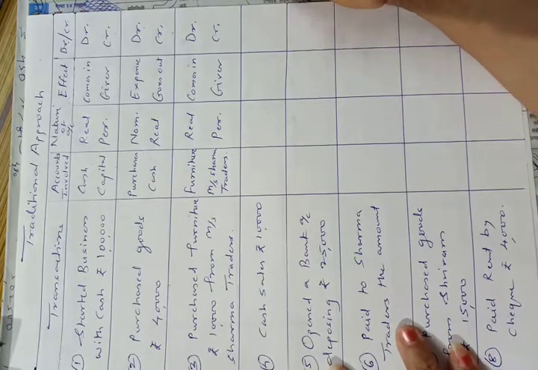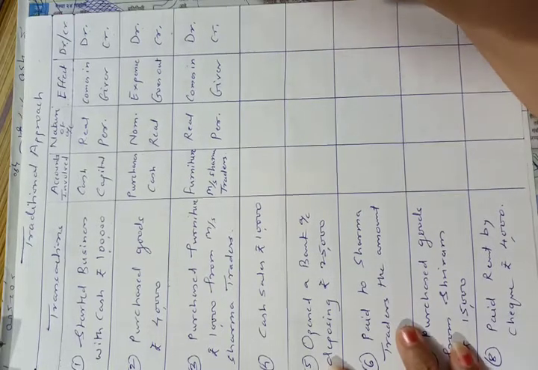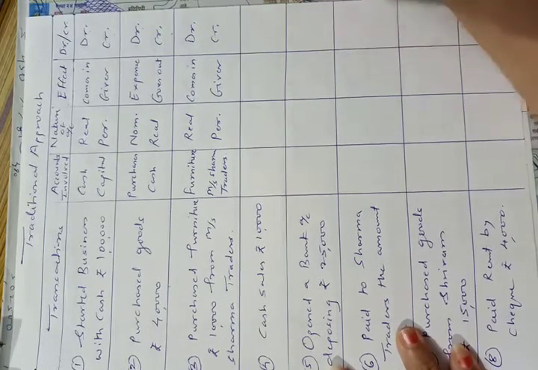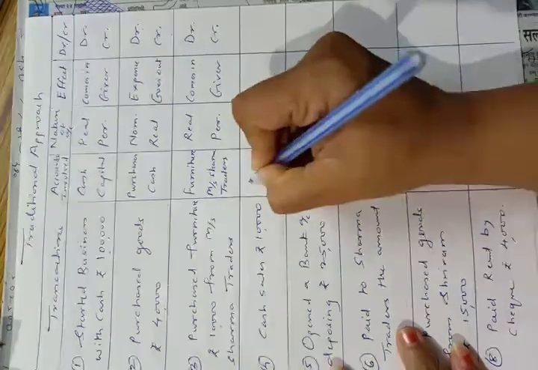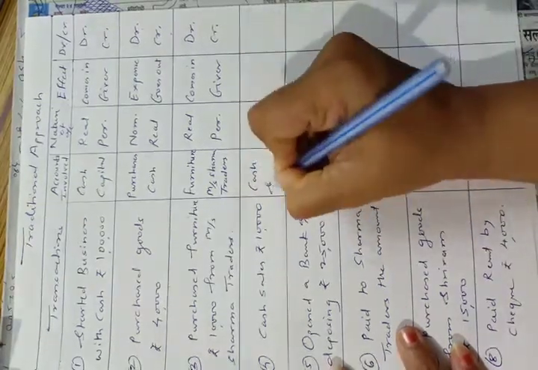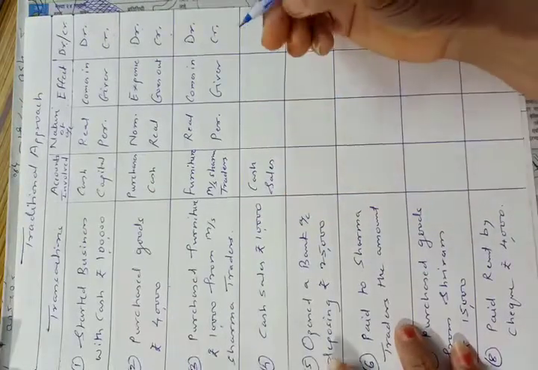Cash sales rupees 10,000. The meaning is goods sold for cash, rupees 10,000. So two accounts will be involved here. As we are selling goods for cash, one account will be the cash account and the other will be the sales account.